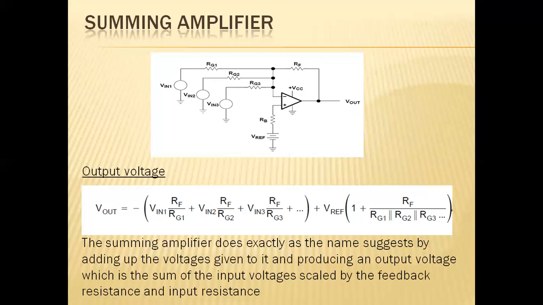What is the corresponding output? So the summation here accumulates or merges the resistances based upon the given input voltage 1, input voltage 2, input voltage 3 towards the corresponding resistances, that is Rg1, Rg2, Rg3, which are commonly connected to the inverting terminal, leading to an output voltage of minus the input 1 of the feedback resistance by resistance 1, simultaneously input voltage 2 into the feedback resistance by resistance 2, input voltage 3 and the proportionality of the feedback resistance by resistance 3, and so on.